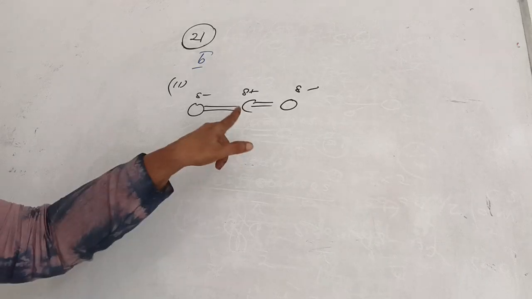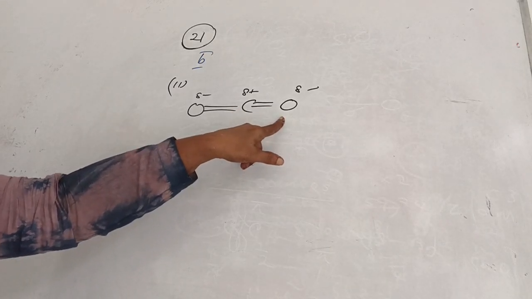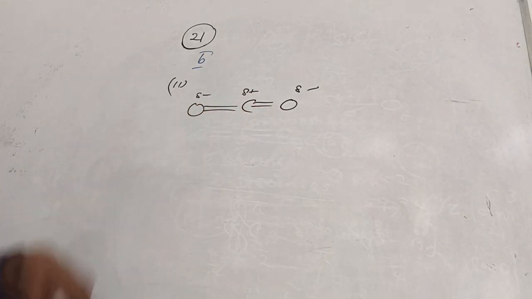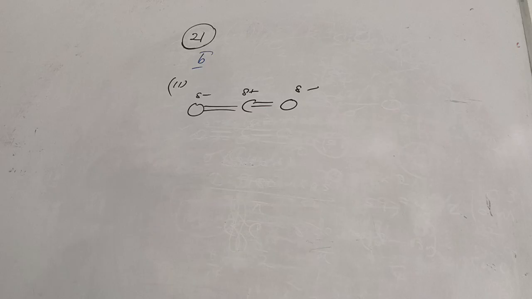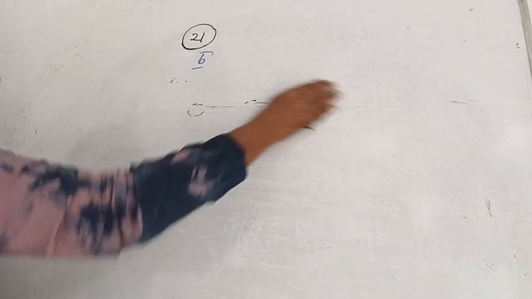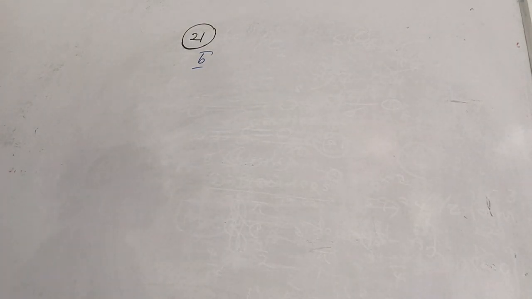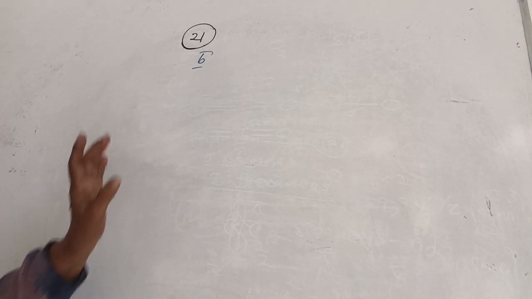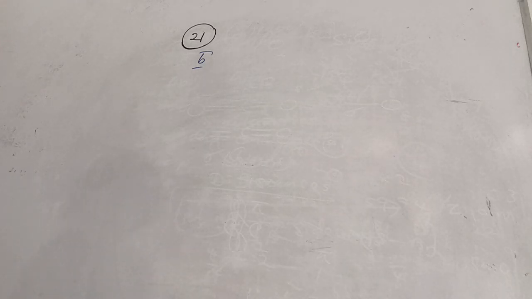So there is a charge separation, slightly positive on carbon and slightly negative on oxygen, because oxygen is more electronegative. That's 2 marks. Then state whether carbon dioxide is polar or non-polar. State that it's non-polar. Justify your answer: because it is a symmetrical molecule.